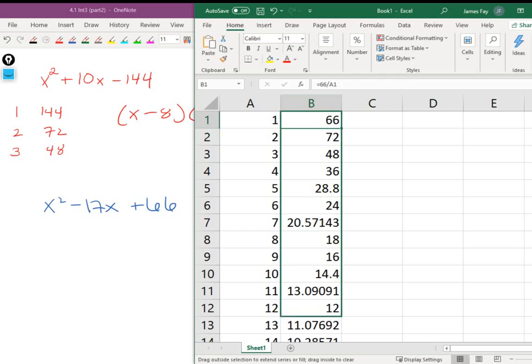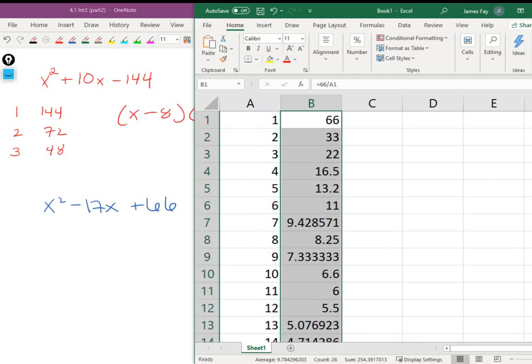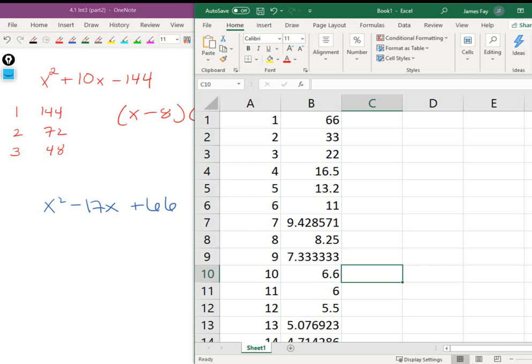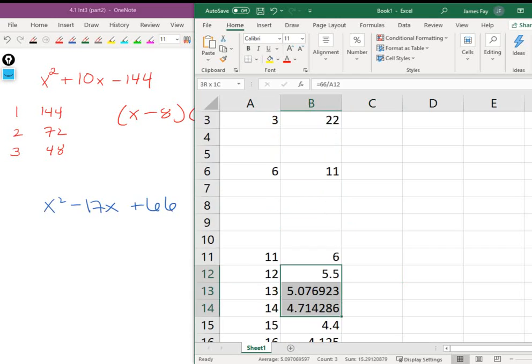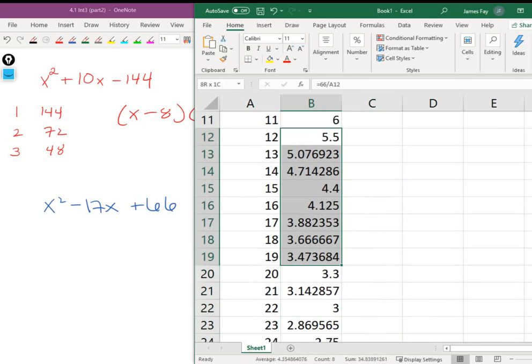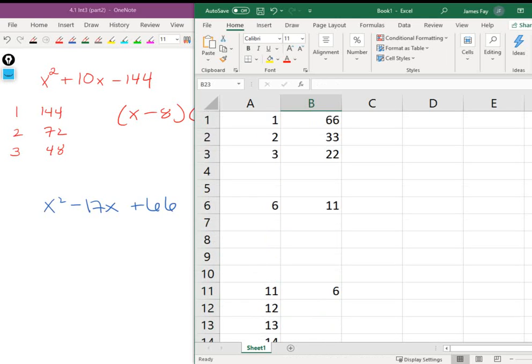And I'm going to drag that all the way through. Now I'm going to look at the whole number one. So that's gone. Don't care about these, don't care about any of these up until that one. Don't care about those.